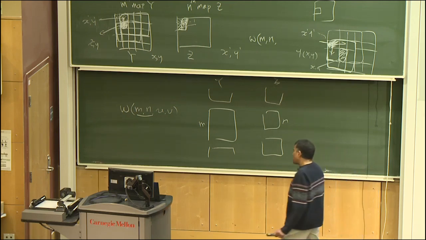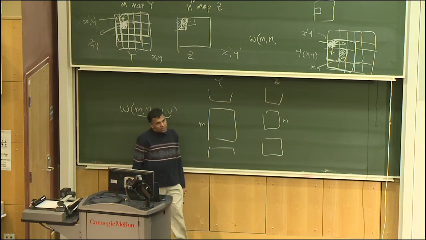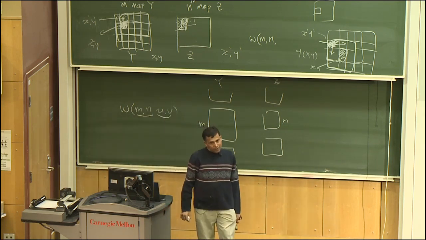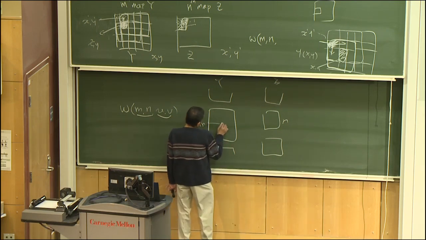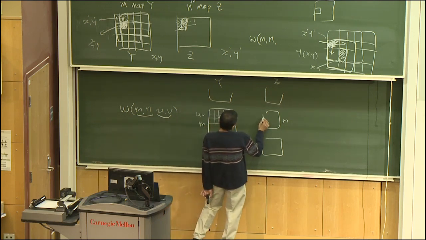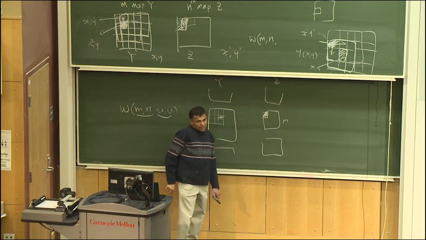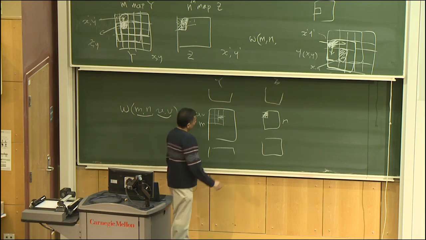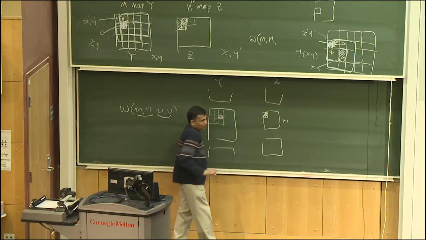Now, what are all the values of z that the weight with index uv influences? So if I put the filter here, and if this is uv on the filter, then it's going to be influencing this z, but it's going to be influencing this z through this y.